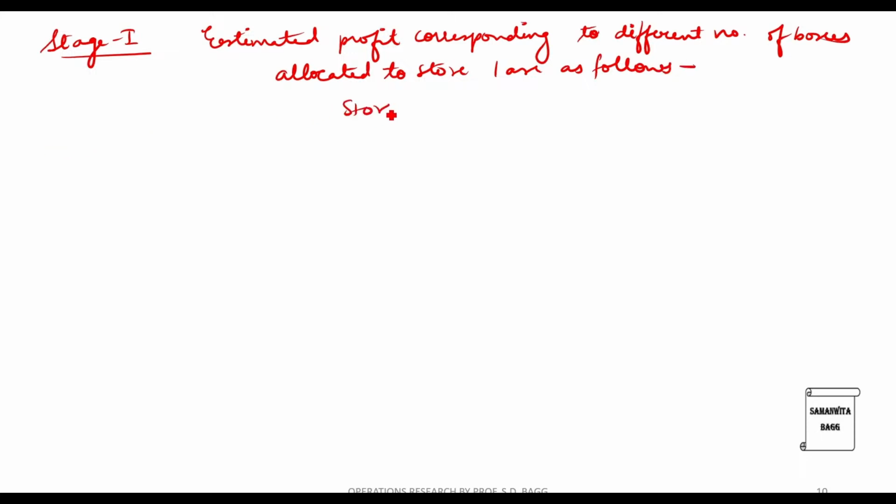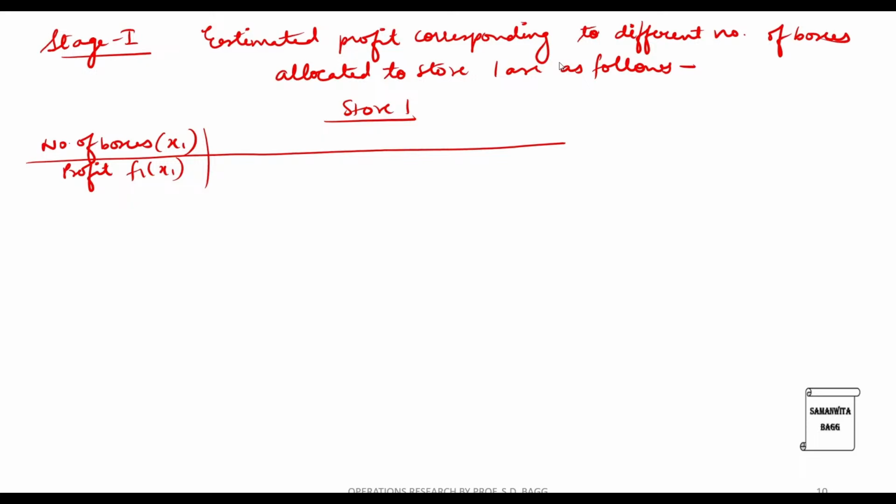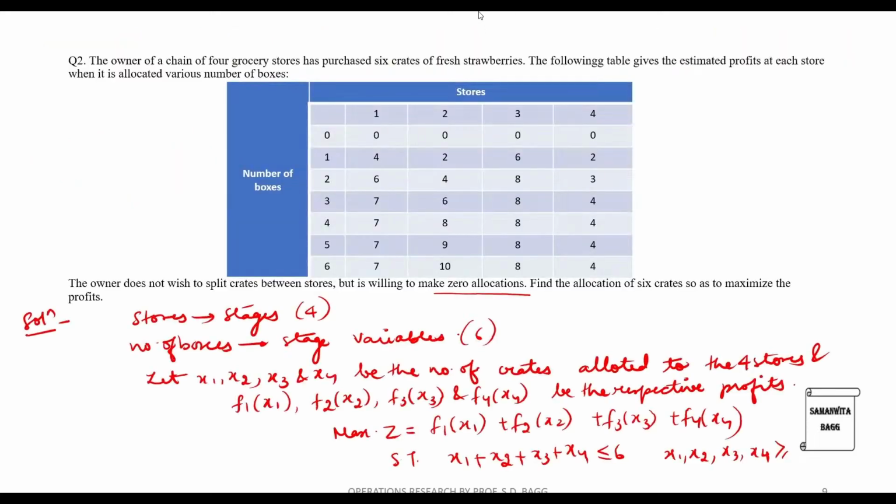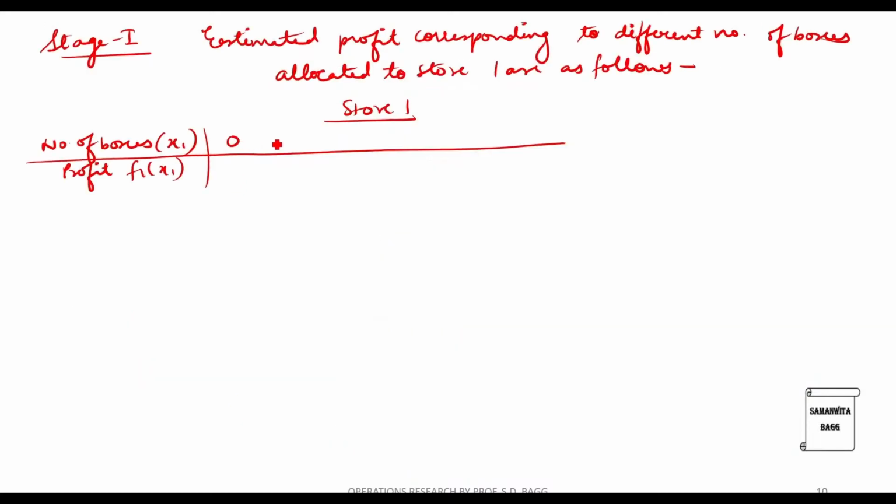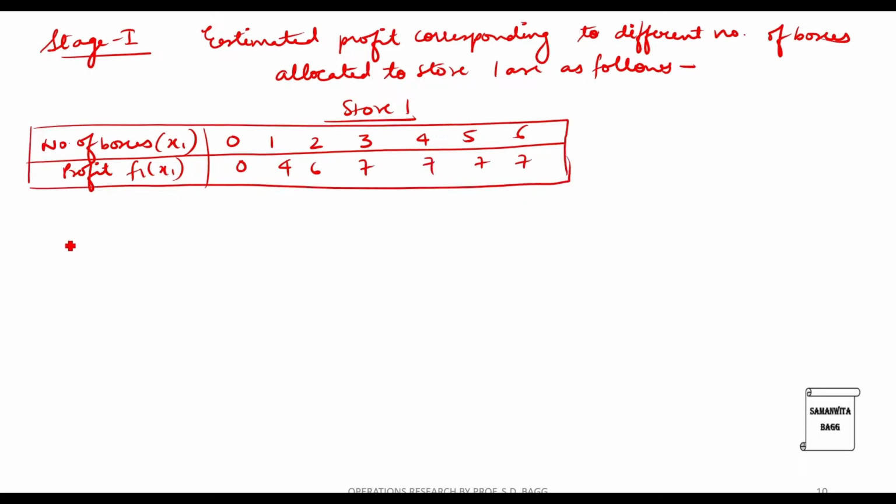So I'll write down store 1, for which I am writing number of boxes, that is x1, and profit is f1 x1. Now I'll get this data from here. As you can see, number of boxes is given here for store 1. So I'll write down these values for f1 x1. So this is 0, 1, 2, 3, 4, 5, 6, and here we have 0, 4, 6, 7, 7, 7, 7. So here I finish with stage 1.